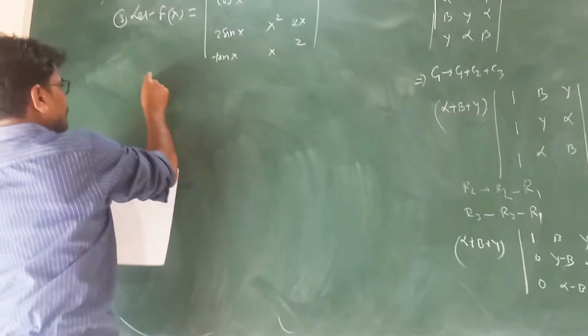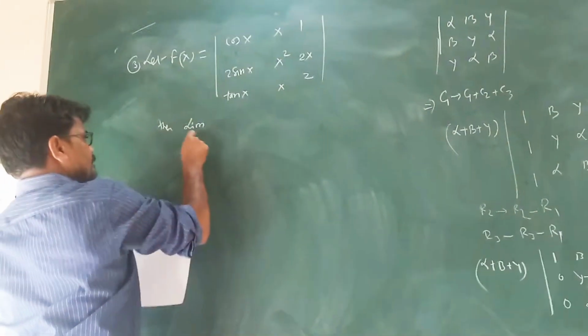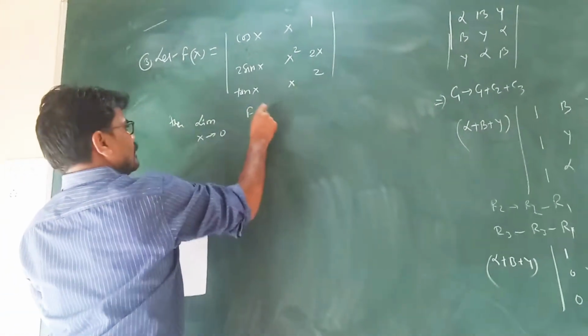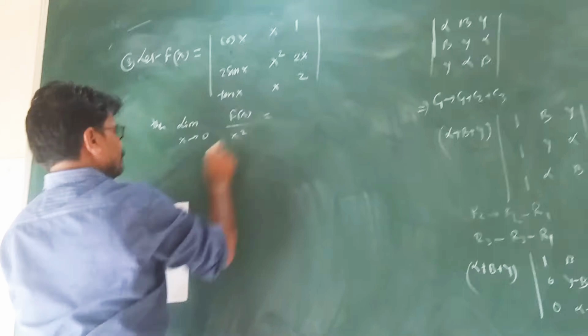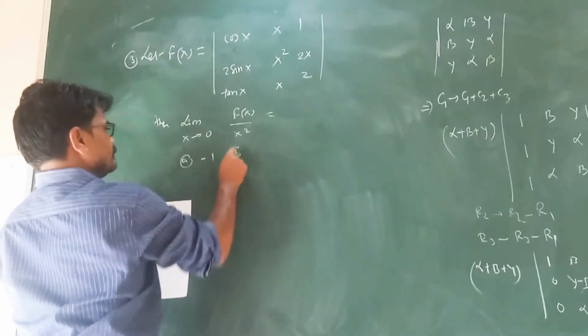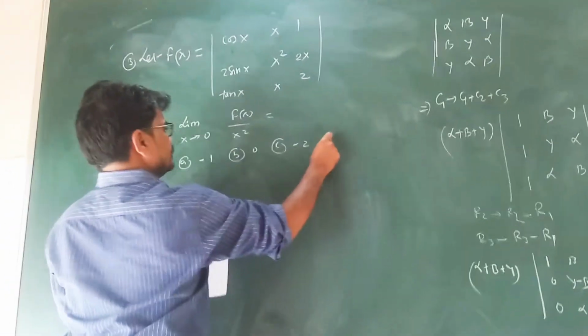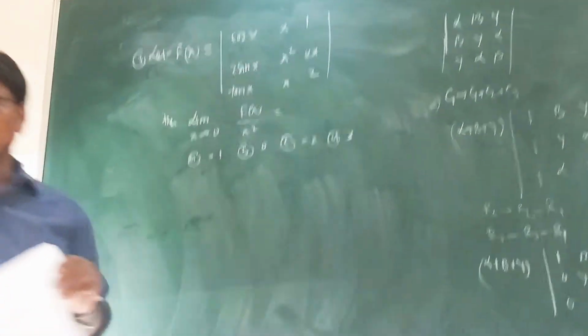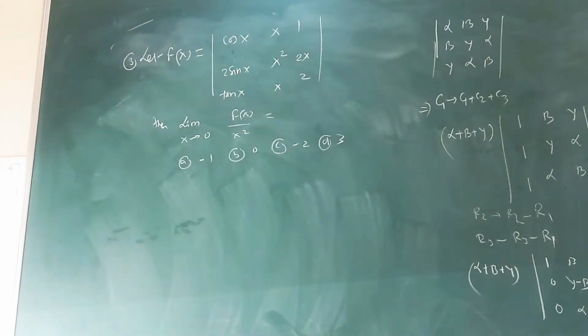Then limit x tending to 0 of f of x by x square equals, options: 1, 0, -2 and 0. Very interesting problem. Okay, we have to utilize the concept of limit here.